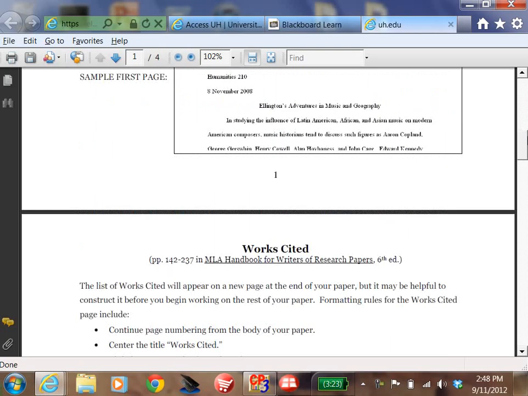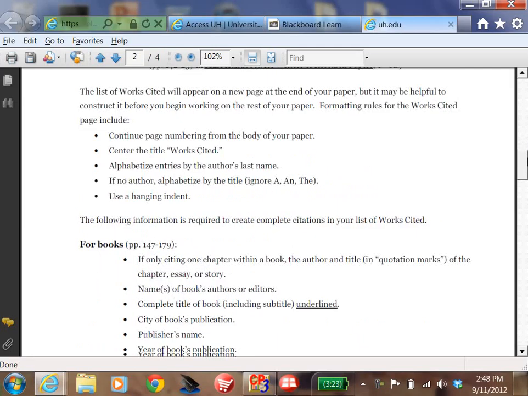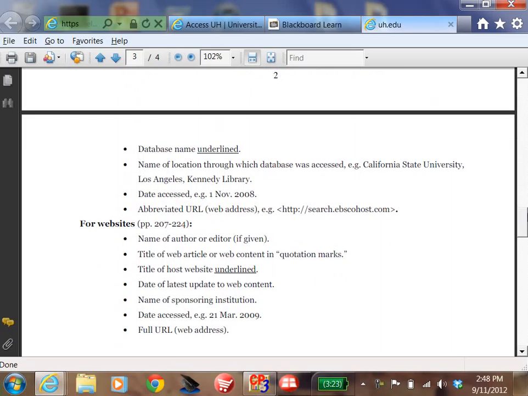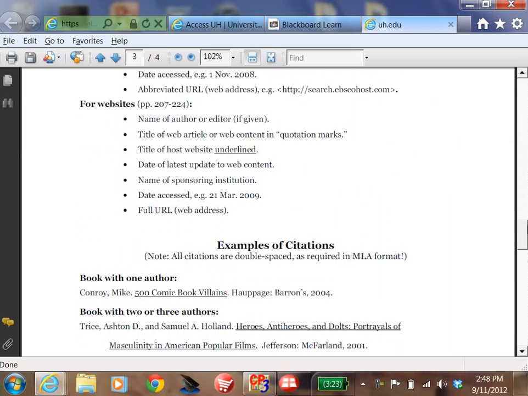Some examples. Examples of works cited. If you are citing a web page as one of your citations, you know, the date is important, the date that you accessed that web page, because those change so much.